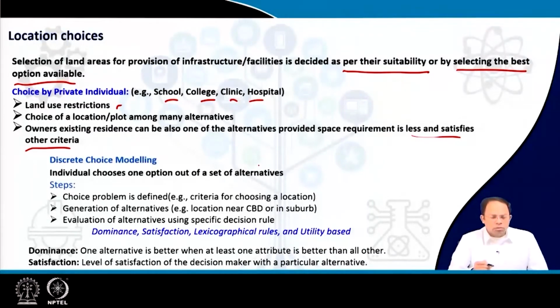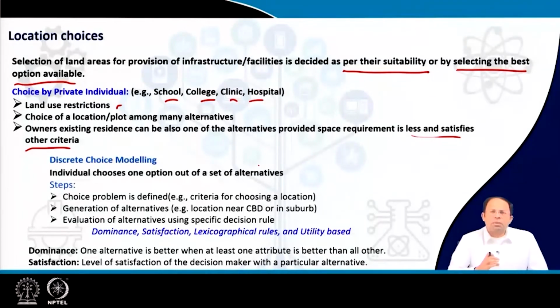Now, what will affect this particular choice? So obviously, because it's an individual's choice, he will definitely try to see that the choice that he is making will be beneficial for himself, for the most part, right?